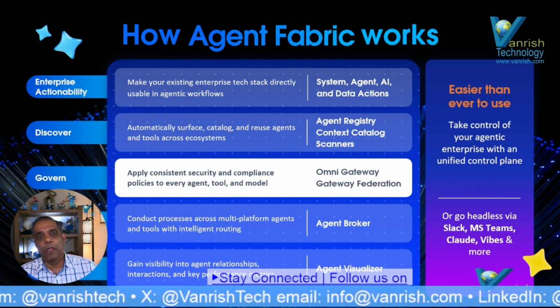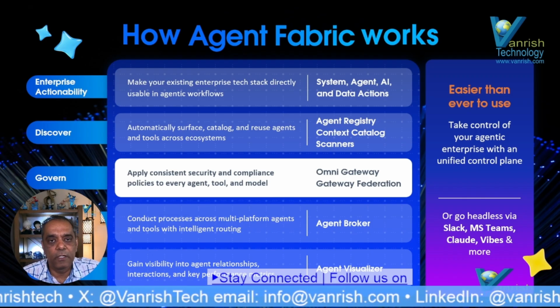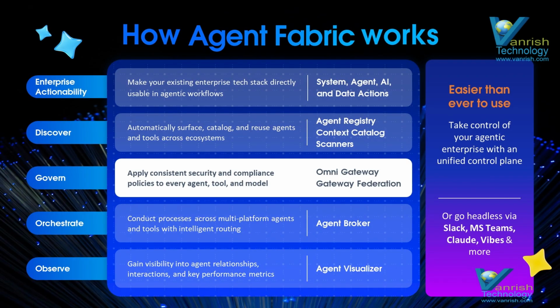In my previous talk, I already explained what Agent Fabric is. Agent Fabric is basically integrating all your AI agents in one place, and one of the key pieces for Agent Fabric is governance.